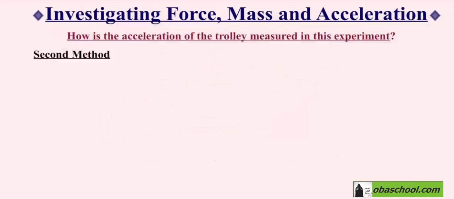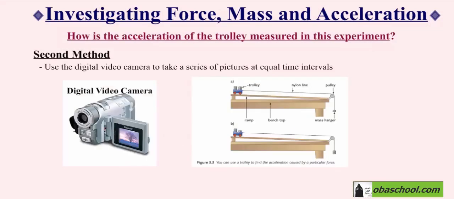Now, the second method: we can use a digital video camera to take a series of pictures at equal time intervals. This way I can get the distance at each picture and I have the time, so we can draw a distance time graph.